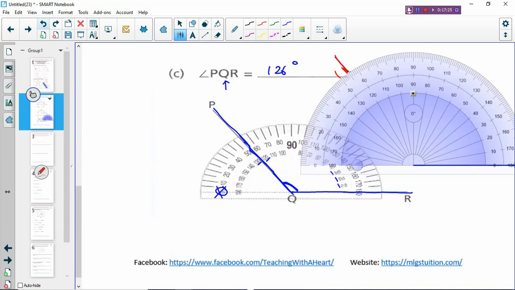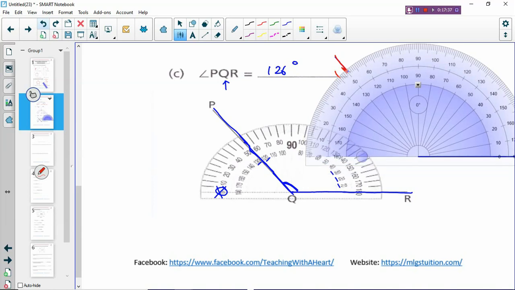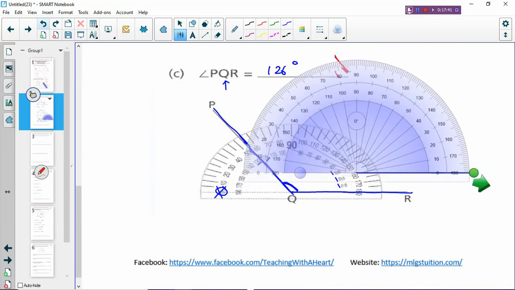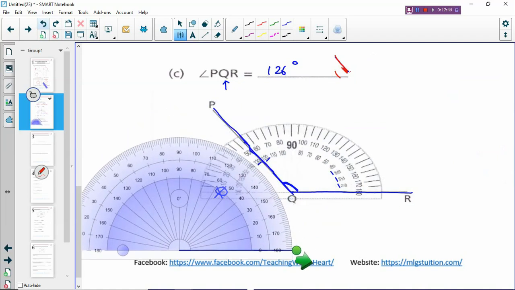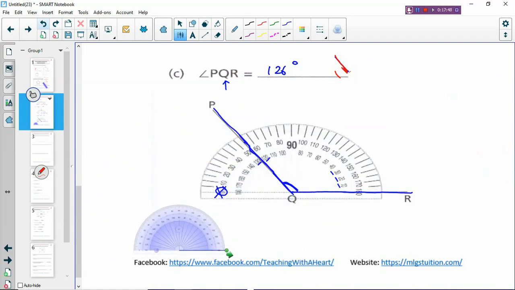Okay, maybe a bit hard to understand what Mr. Wang is saying because you can't really see the physical protractor. But let's do a few more, and then hopefully you know how to use the protractor to measure. So what is angle PQR? Angle PQR is 126 degrees.